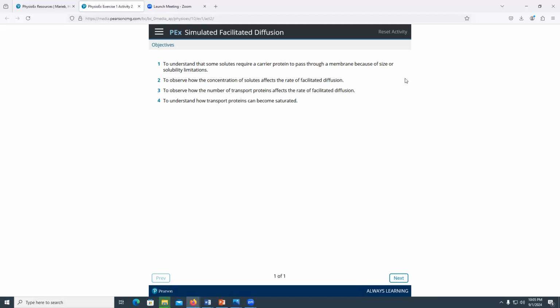Just because there is a concentration gradient from one side to the other, and there is more of a polar solute that should move from outside to the inside, it doesn't mean it can pass through. It needs a transporter.